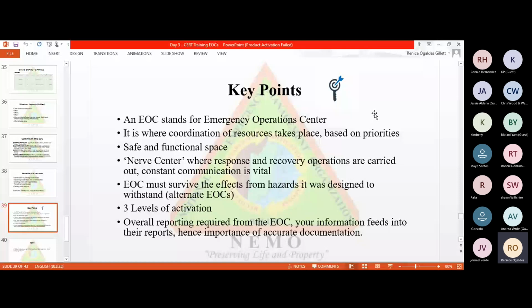Not every single incident requires a full activation of all your committee members. Then we went over the overall reporting required from your EOC and how the information that you're giving feeds into those reports. And so this is why accurate documentation is very important.